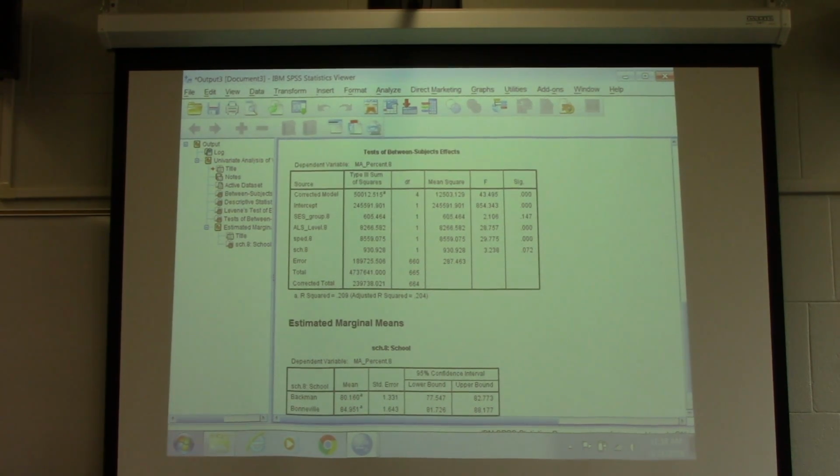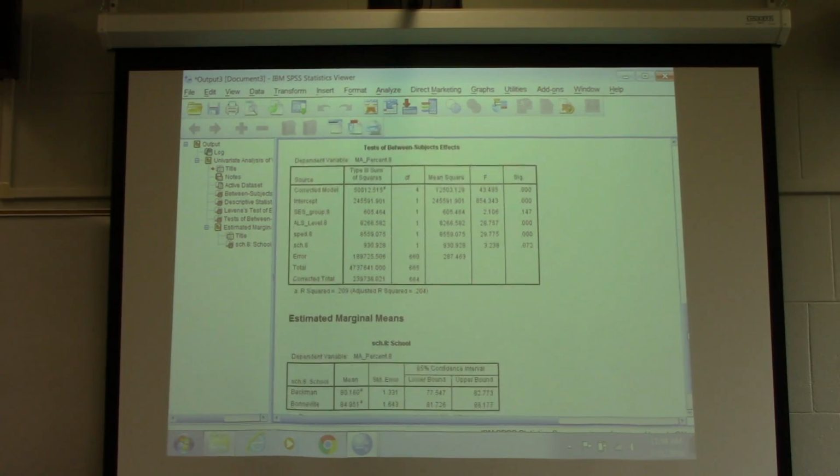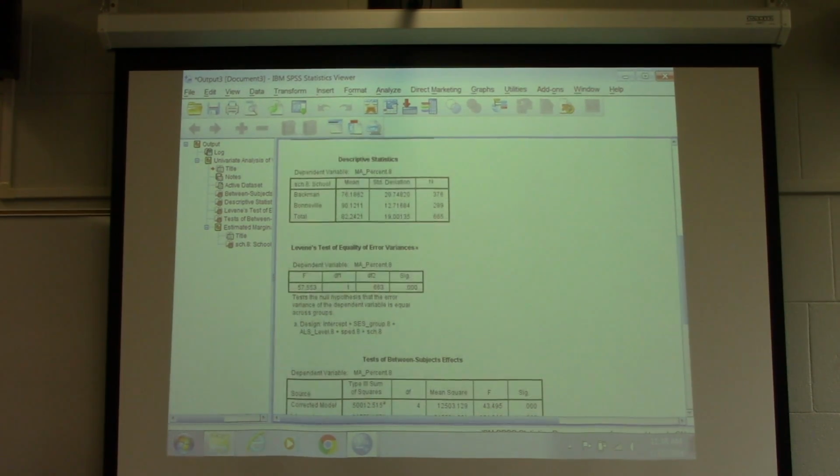So much of the test score difference, 10 points of it, was due simply to differences in students on those 3 demographic variables. Note, Backman's adjusted mean is 80% correct, its non-adjusted mean is 76. So it went up 4 points when we took into account student background.